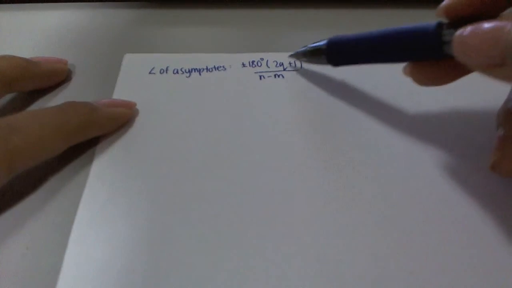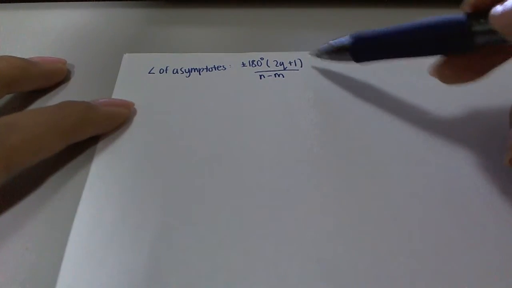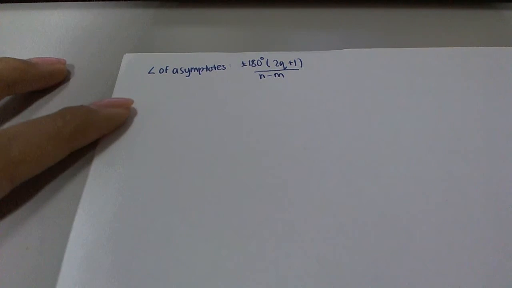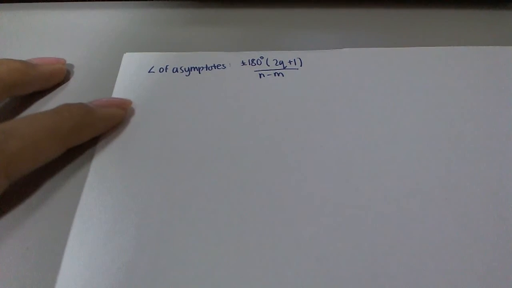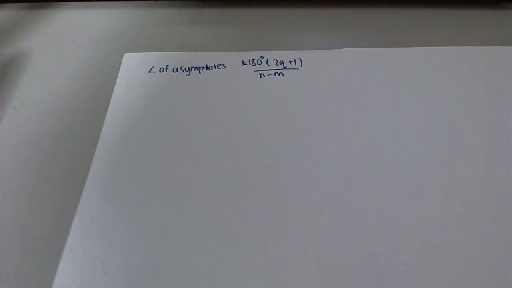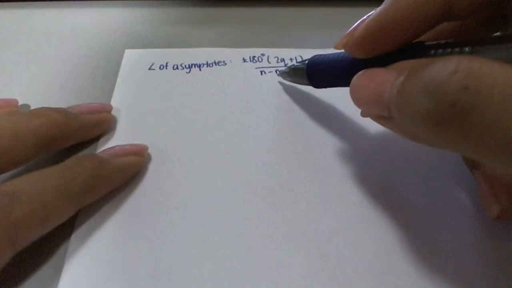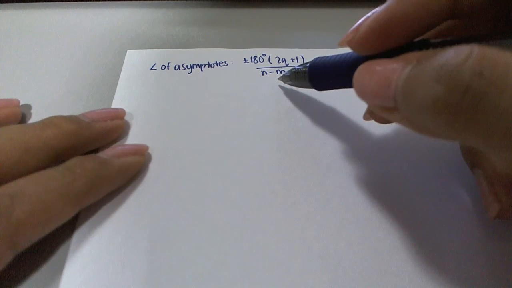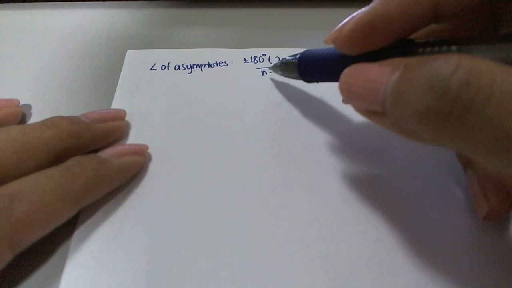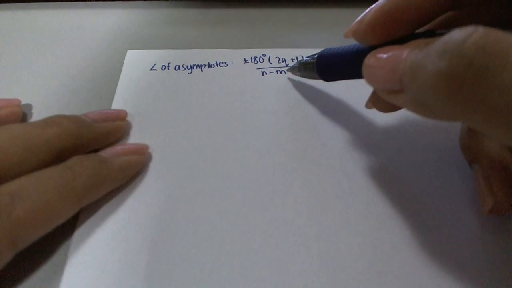And q is basically just an integer from 0, 1, and so on; we just increase q starting from 0, 1, 2, 3 until we get the total angles required for all asymptotes available. And n is the total number of open loop poles, and m is the number of open loop zeros.